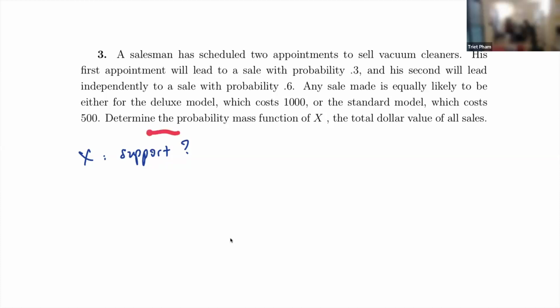Okay, so what values can X take? $500, 1,000, 1,500, and 2,000. These are the only possibilities. That's why it's a discrete random variable.